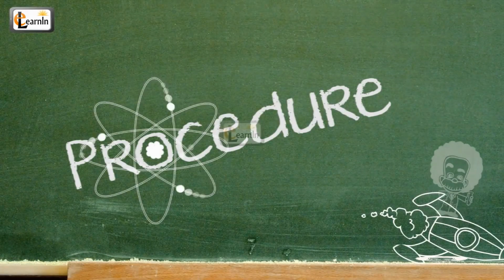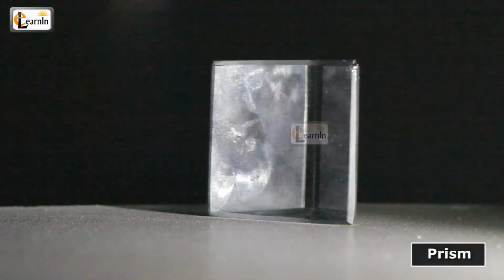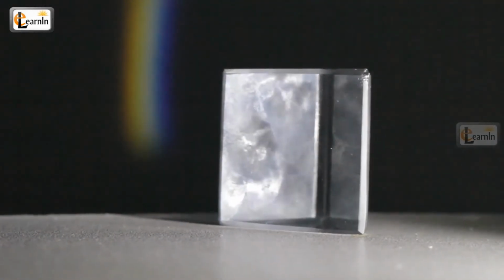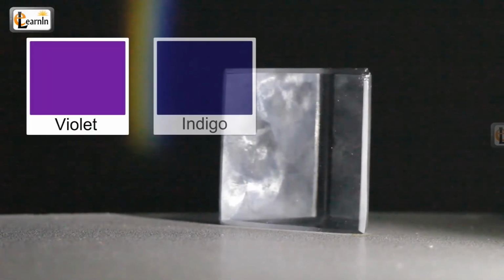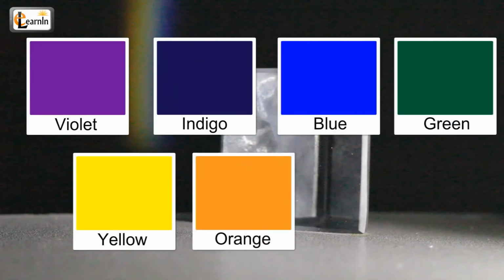Procedure. Take the prism and keep it on the table. Ensure that the room is considerably dark for the light to be obvious. When light travels through the prism, it splits the white light into 7 colors. These are violet, indigo, blue, green, yellow, orange, and red.